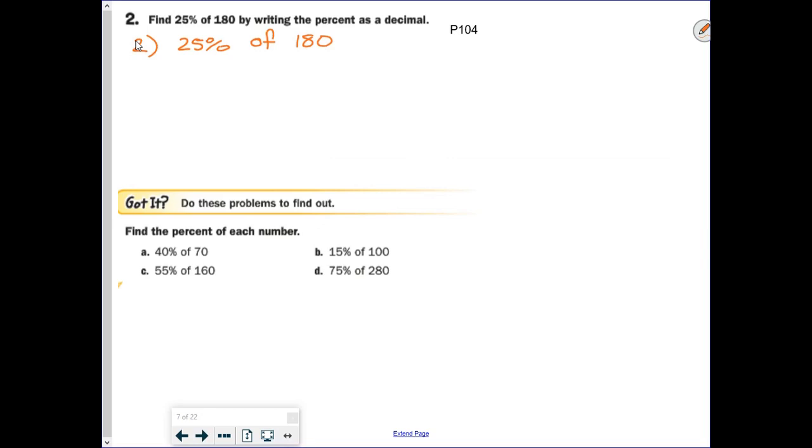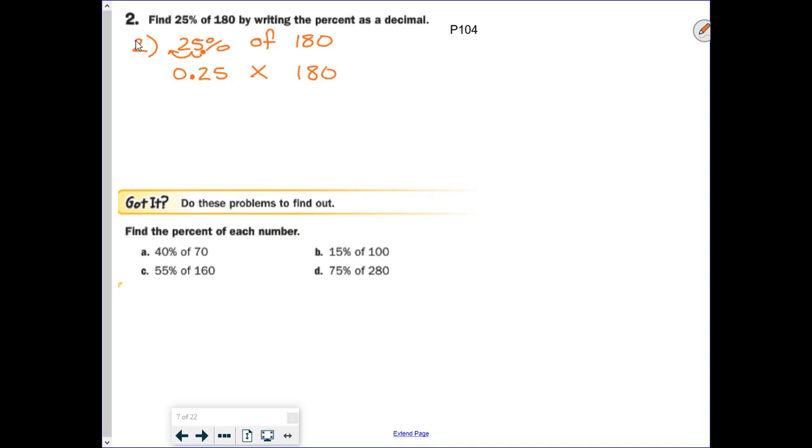So if I think of 25% as being 25 divided by 100, I can take the decimal point, which would be to the right of the 5, and I can move it 2 places to the left. And that would turn this into 0.25, or 25 hundredths. And again, the word of means to multiply, and then 180.